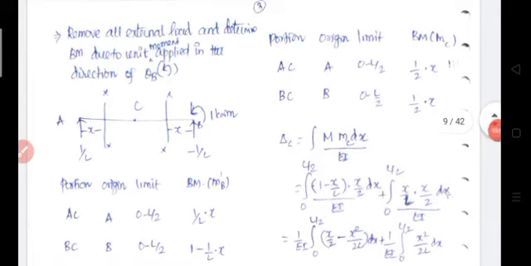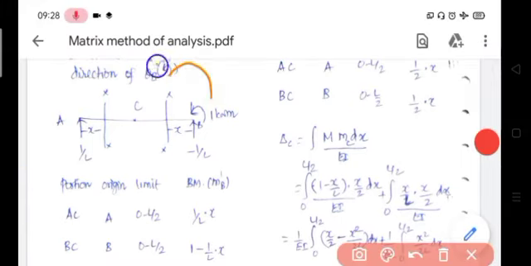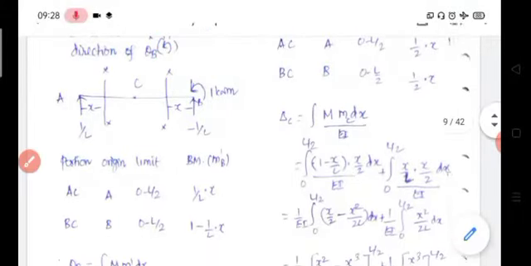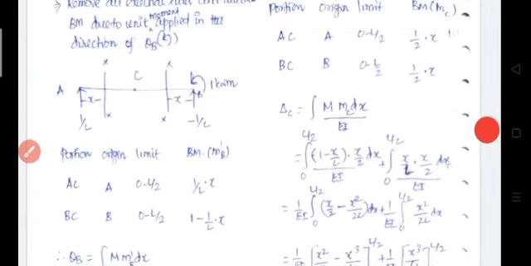Now we are going to determine the theta B value. For this again remove all the external load, and determine the bending moment due to unit moment applied in the direction of theta B. The second coordinate direction is an anti-clockwise moment, so therefore we apply an anti-clockwise moment at B. Now determine the support reactions.